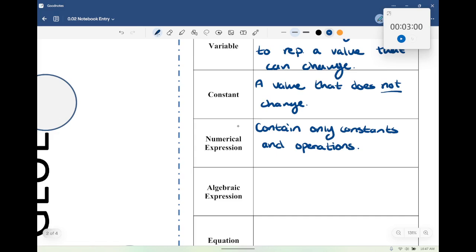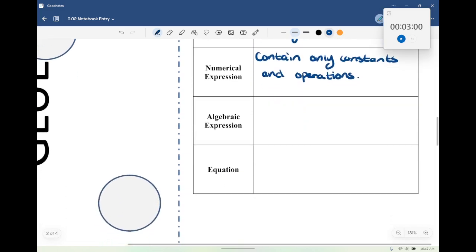And so again, 3 plus 4. -4 minus 12. 8 times -7. Those are numerical expressions. I have just numbers and just operations. That's it. Algebraic expressions is where we start to involve now our variables.